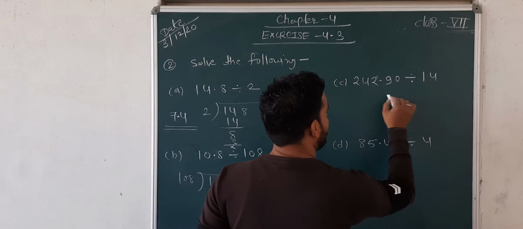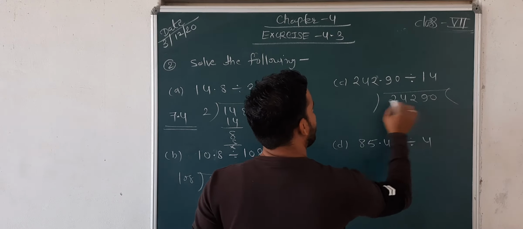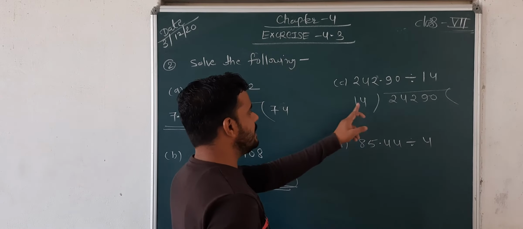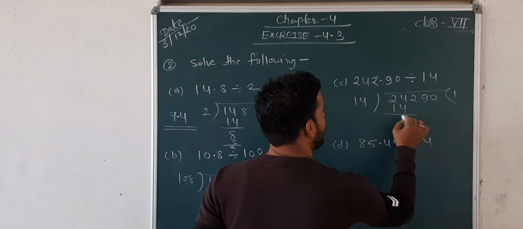So 24290 divided by 14. 14 ones are 14, 14 twos are 28. One time only. Then 14, 0 and 1.